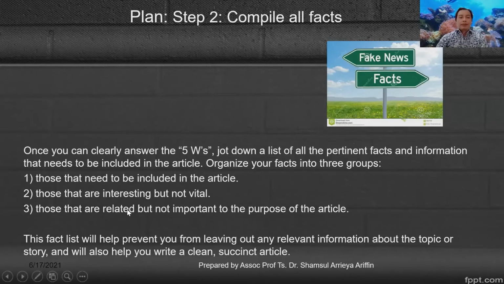So these are the 3 groups that you can regroup when you start to write the article. This fact list will help you prevent leaving out any important issues about the topic and story, and will also help you to write a clean, succinct article.